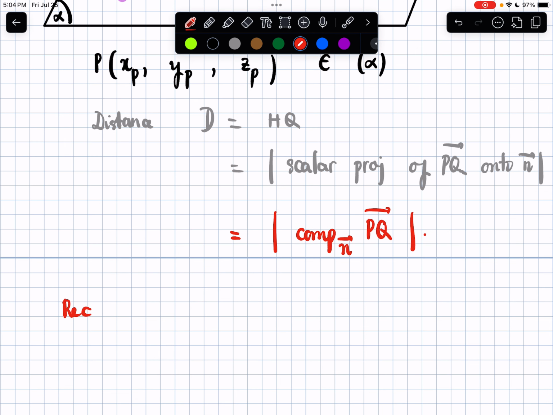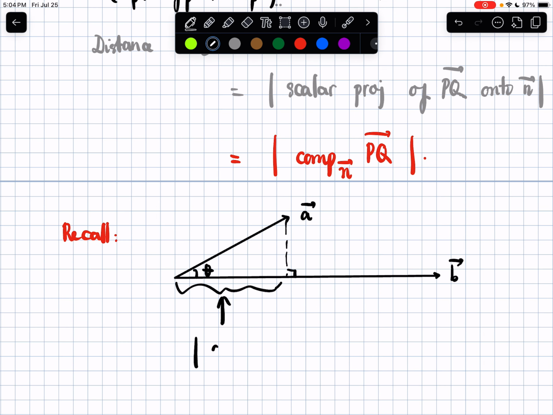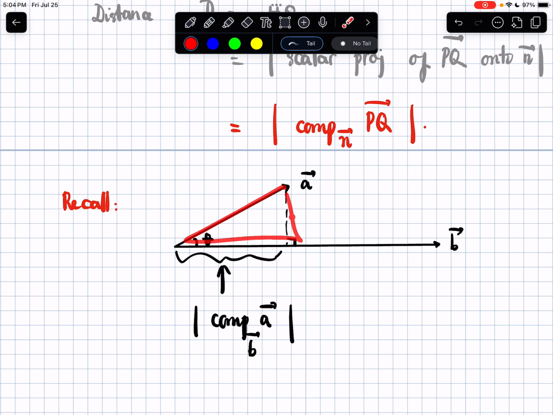Recall, we have the formula for that. So if we have vector A projected onto vector B, with angle theta, if we project it onto B, then this length is the absolute value of the component of A projected onto B. And we can compute it using the cosine of the angle.